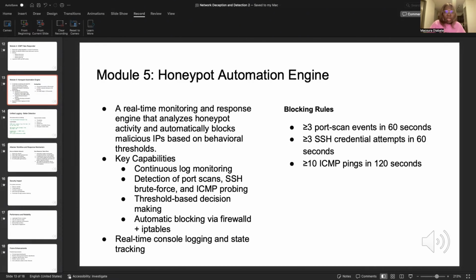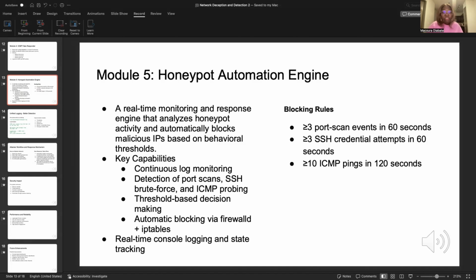It uses time-based tracking to determine whether an IP is behaving maliciously. So once an IP crosses predefined thresholds, such as three port scans within a minute or multiple SSH brute force attempts, the automation engine immediately applies a firewall rule to block the source permanently.